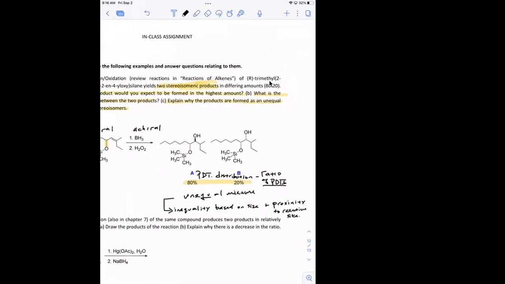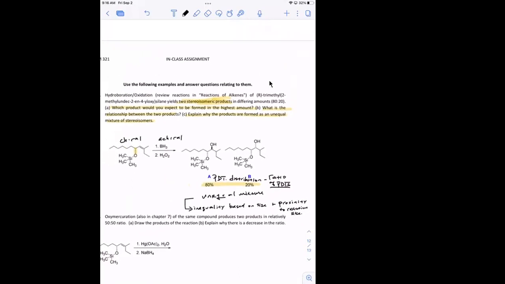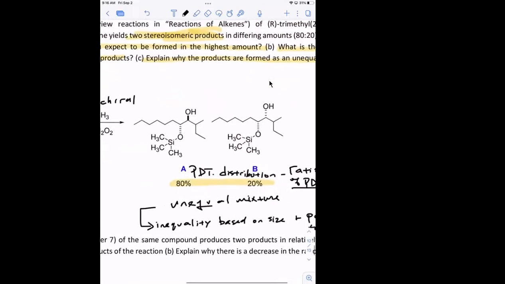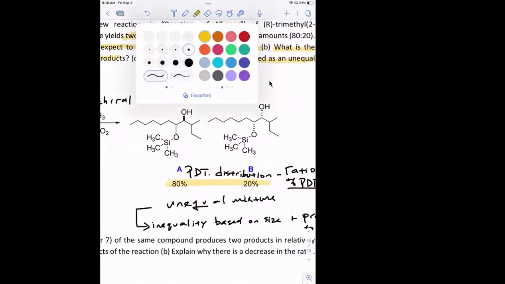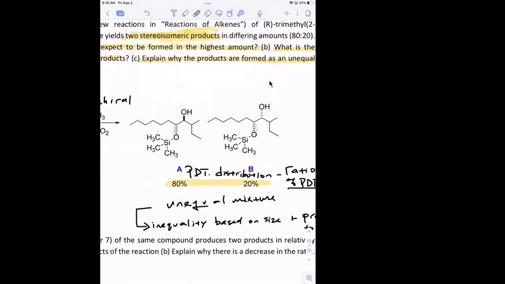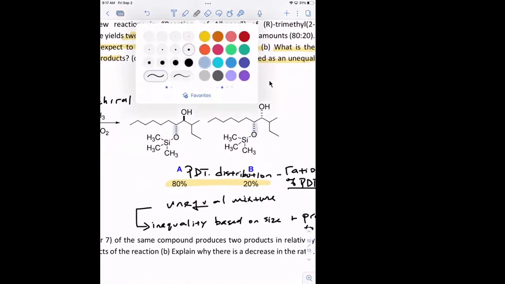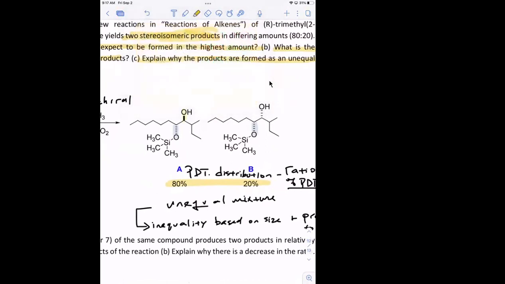So let's answer B. When you look at those two products, what are they in relation to one another? What I mean by that is in terms of stereoisomers, are they enantiomers? Are they diastereomers? Are they the same? Aren't they the same? So let's look at it. Wait, no. So here's my chiral center. That doesn't change, right? And then if you look at the stereocenter that's set as a result of the reaction, is that the same?